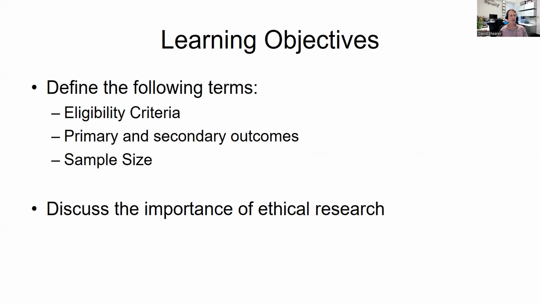So the learning objectives here are to just define a few terms that are really critical for a proposal. Eligibility criteria, we'll talk a bit more in depth about outcomes, and then we'll go into the weeds a little bit on sample size calculation because it's often a big stumbling block. And then we're going to discuss something about the ethics of research and the importance of responsible conduct of research.